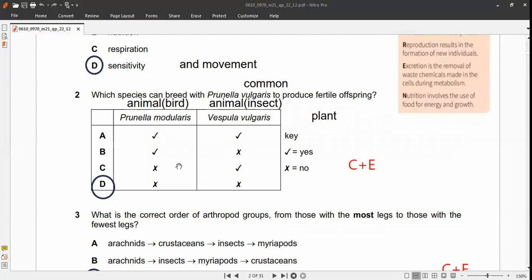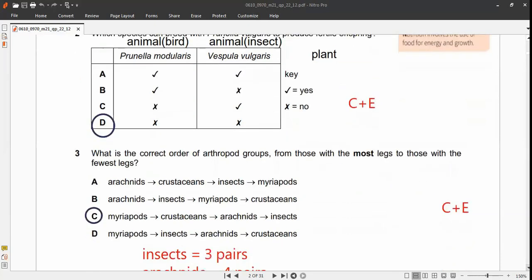So the answer is D. Nothing. Not Brunella medullaris, because it's an animal, a bird, and Vespiola vulgaris is an animal, an insect, but Brunella vulgaris is a plant. So the answer is D.